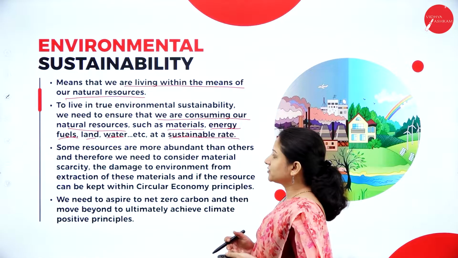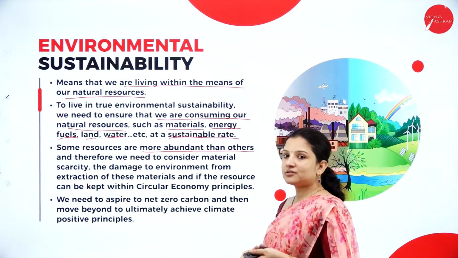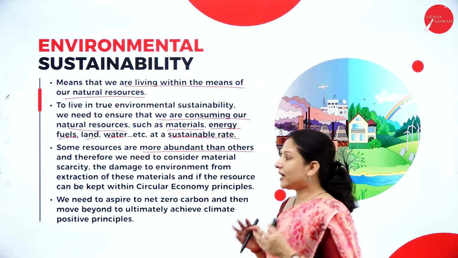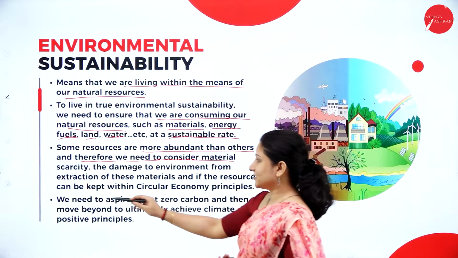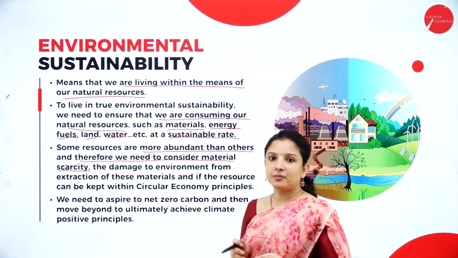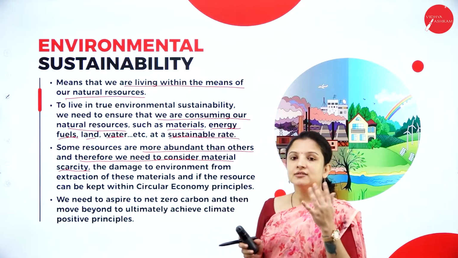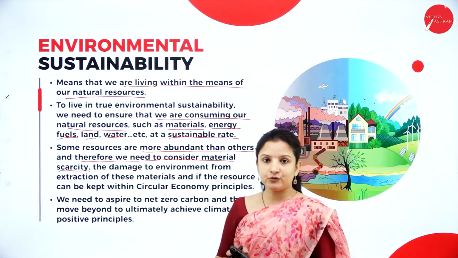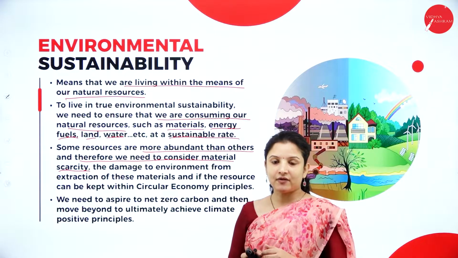There are some resources which are more abundant than others, and therefore we need to plan properly. So we need to consider material scarcity. Having a proper plan, there is a resource which is highly abundant, say for example biofuel, and the compressed natural gas that is available.